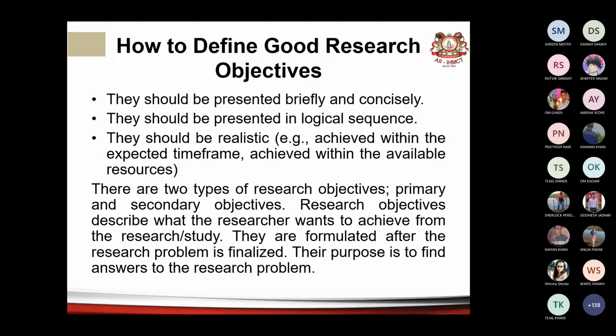So the objective should be presented briefly and concisely. It should be brief, but in-depth know-how should come from that. You can't have a 7-8 line objective; it has to be 2 lines or 3 lines maximum. They should be presented in a logical sequence.